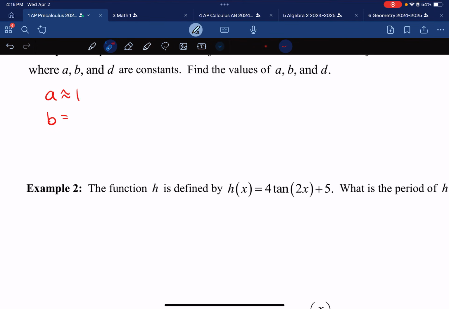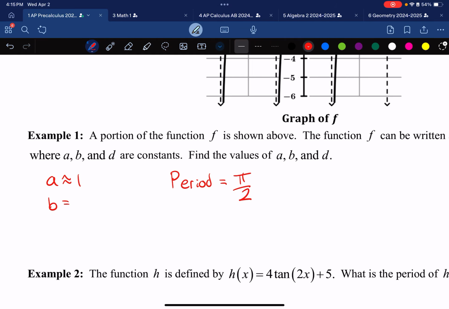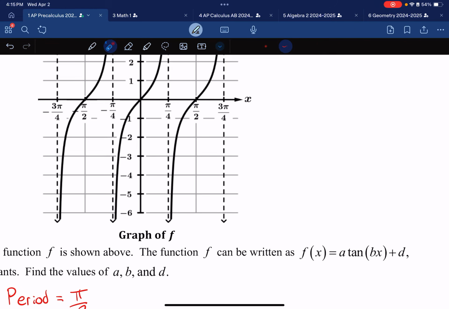Another way of doing the period, so the value of b here, I'll say the period is equal to pi over 2. There's another way to get that other than a graphical interpretation of saying, hey, if I have to go forward pi over 4 and that's half of a period, then I have to double pi over 4 to get to the full period. Another way of saying that is just do this bound minus that bound. Watch me go.